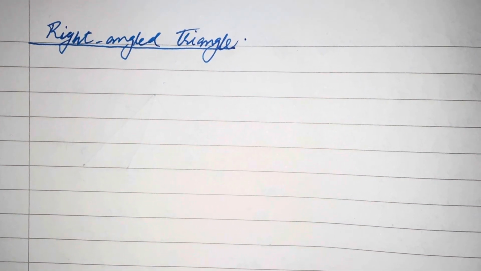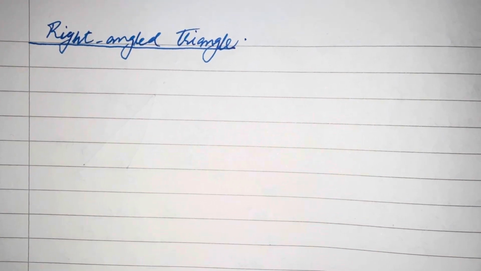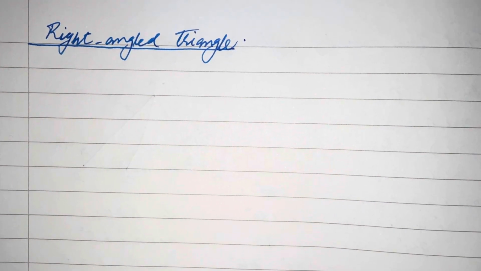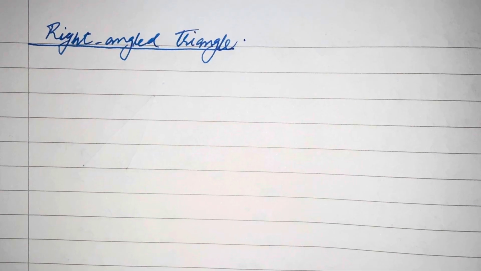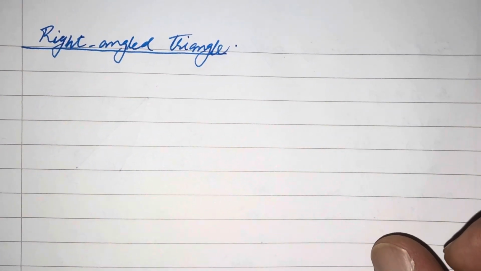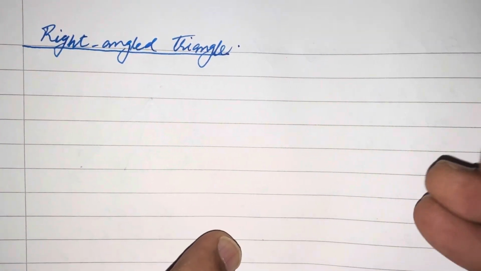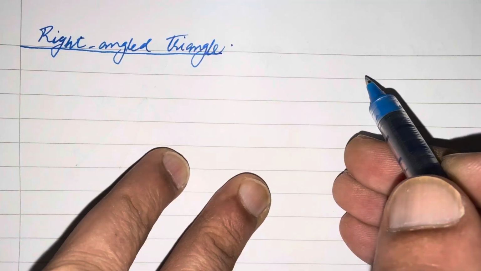We will learn about these things in our coming lectures. Today I'm going to tell you something about the right angle triangle. A right angle triangle is a triangle having one angle equal to 90 degrees.